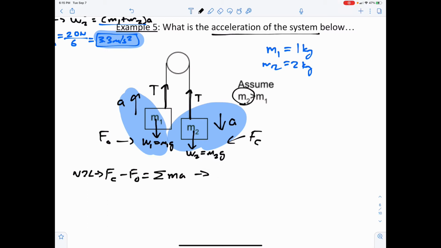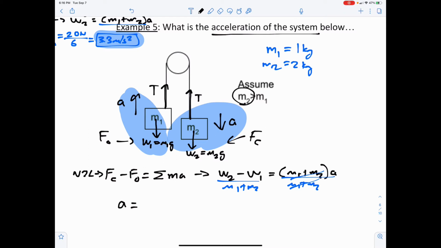So the causing force is the weight 2 minus the opposing force, that's weight 1, equals the sum of your 2 masses, m1 plus m2, times A. Okay, now to solve for A, we again have to divide by the sum of the masses.